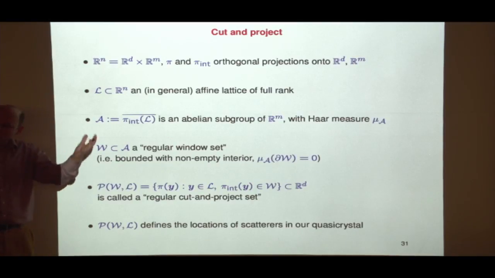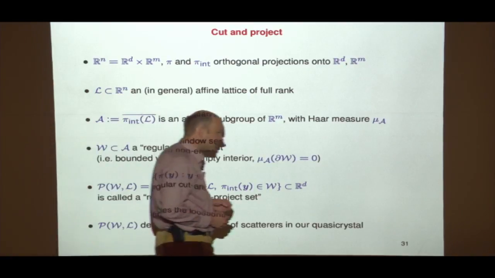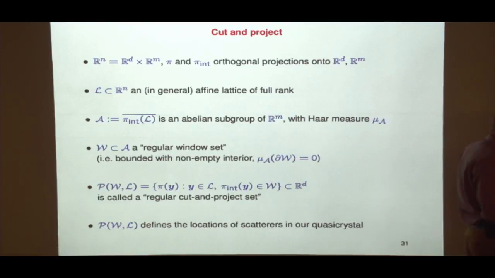Then you choose a window set in R^m, and you're only collecting those lattice points whose projection falls into this window set. So you mark those, and you project them down to your physical space, R^d. And that will give you a cut and project set. It's written down here. Okay? So that's exactly what I've just described to you in words. And now we're going to take this cut and project set as the locations of scatterers in our quasicrystal.